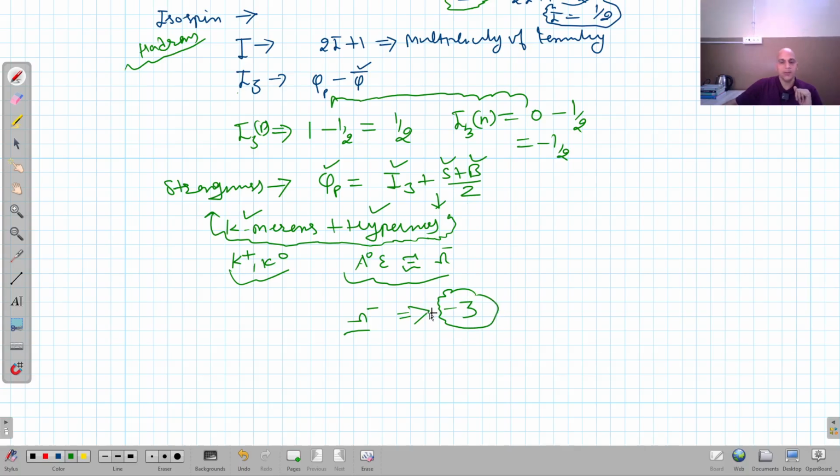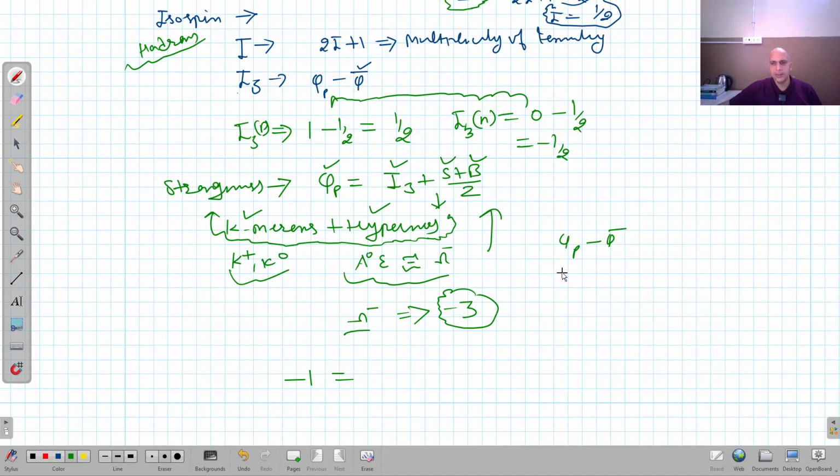You can see by putting all the values here. For example, in omega negative, Q particle is -1. For I3, the Z component of isospin, I can use that value directly from the table. In this case, I can calculate Q particle minus Q average.